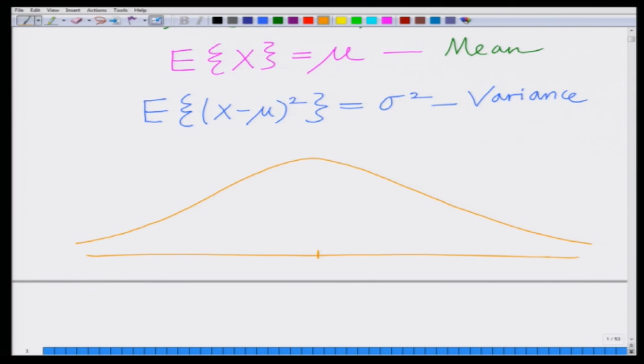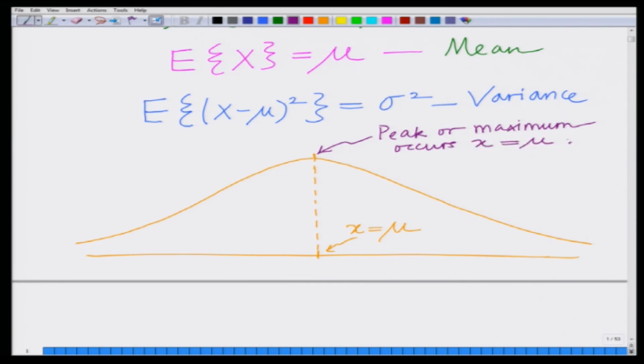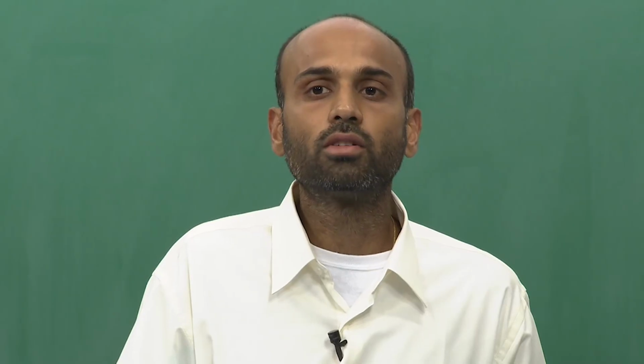The peak or the maximum of this probability density function of the Gaussian random variable occurs at the mean, that is x equal to mu.